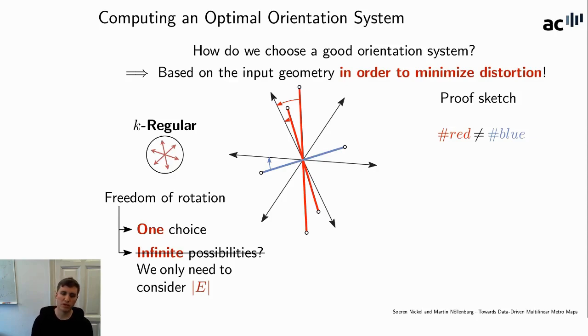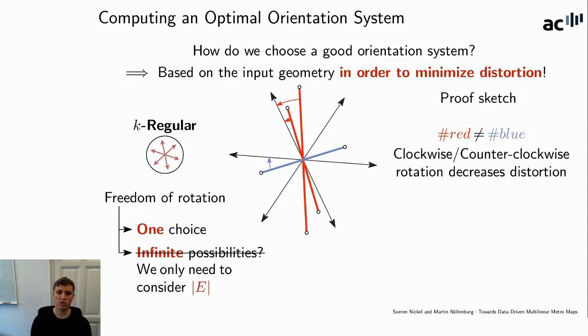And if this number is not equal, so here we have more edges that are to the right of its closest orientation than the ones that are to the left, then we can always rotate the orientation system, in this case clockwise, and this decreases the distortion of more edges than it increases the distortion of some edges. So here we have a counterexample of this orientation system being optimal.